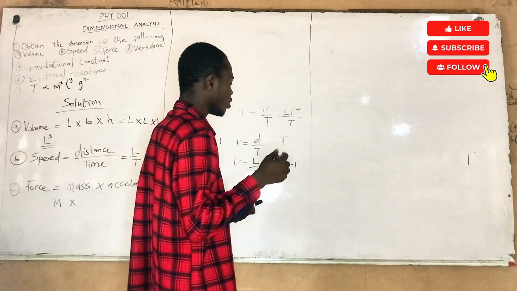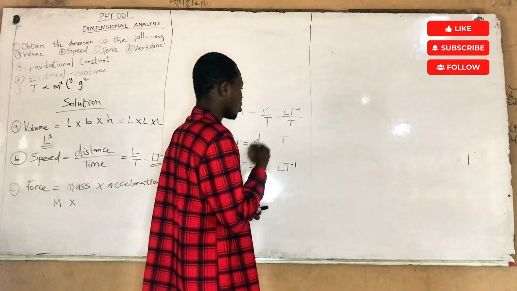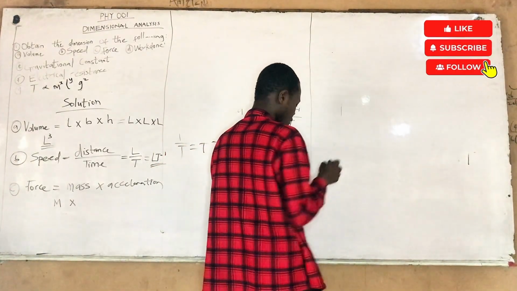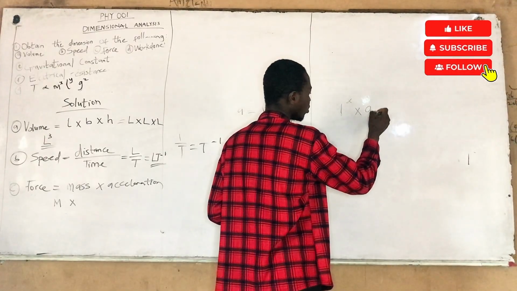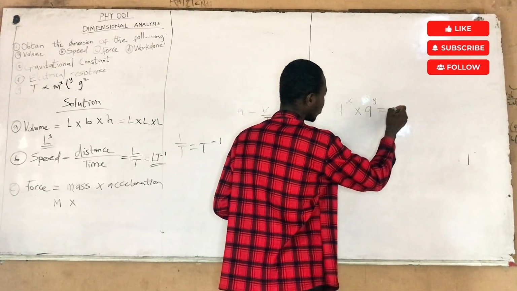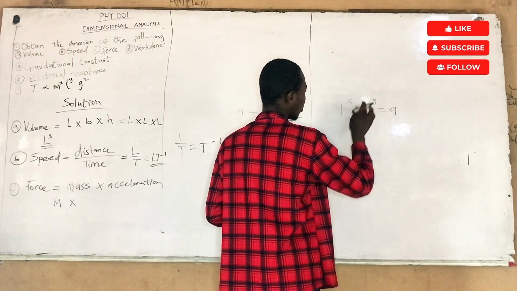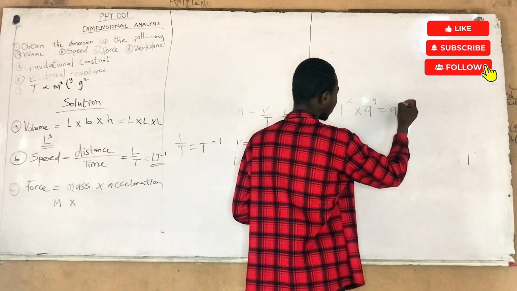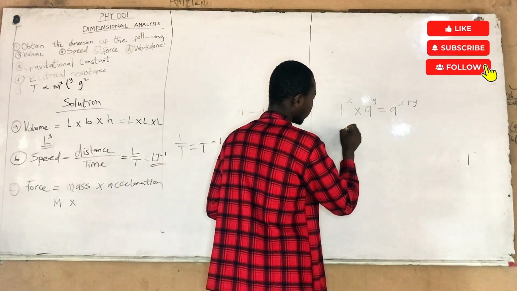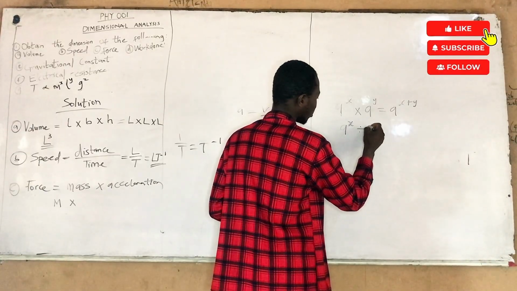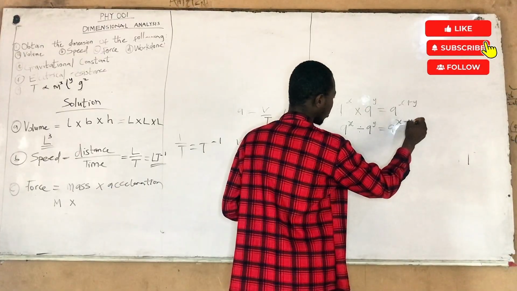But if it is multiplication, you are going to add. For example, in terms of a raised to power x multiplied by a raised to power y, your answer will be a, because there is multiplication here, the powers will be added as x plus y. But in this scenario where we have a^x divided by a^y, we have something like this: a^(x minus y).